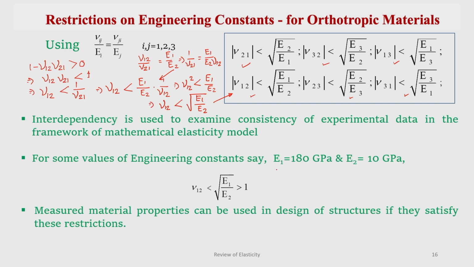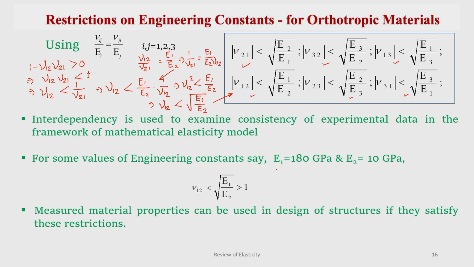These interdependencies are used to examine consistency. Suppose you take an orthotropic material to the laboratory and try to find those 9 engineering constants. Once we get this for a large number of data, we must see that those values satisfy this interdependency to be consistent with the mathematical theory of elasticity. If not, then there is something wrong.